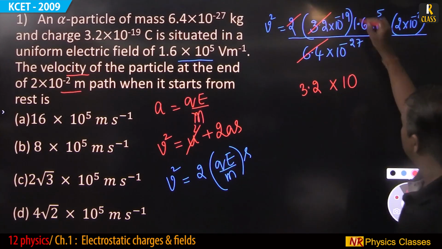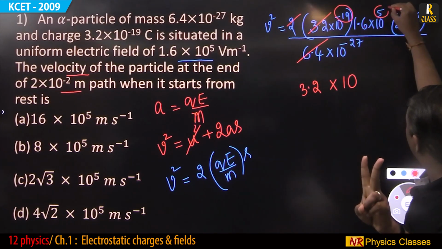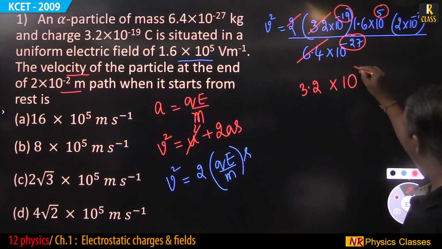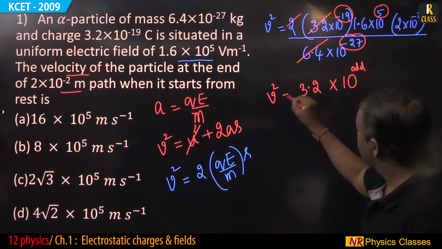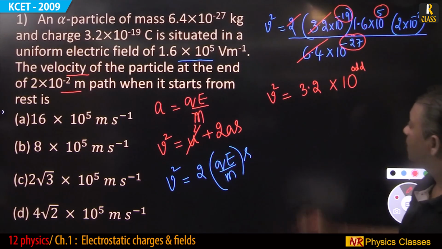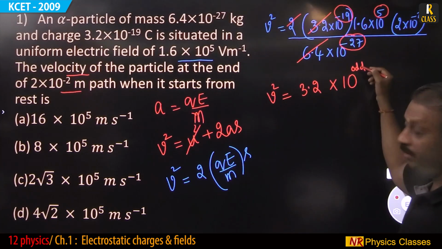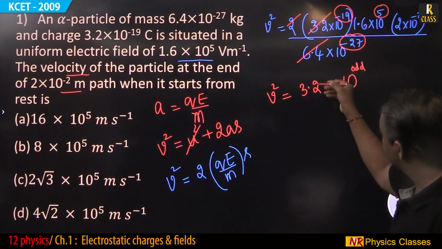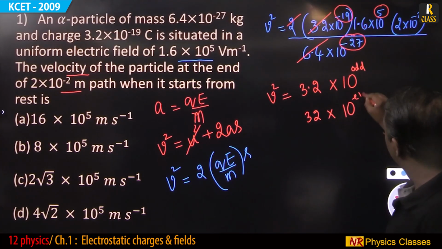Observe, the powers 5, 19, 27 are odd numbers, so 10 to the power of is odd. Left hand side is v square, so don't take the square root when you have an odd power. Make sure that this is even. So give 10 to this and it becomes 32 10 to the power of even number.